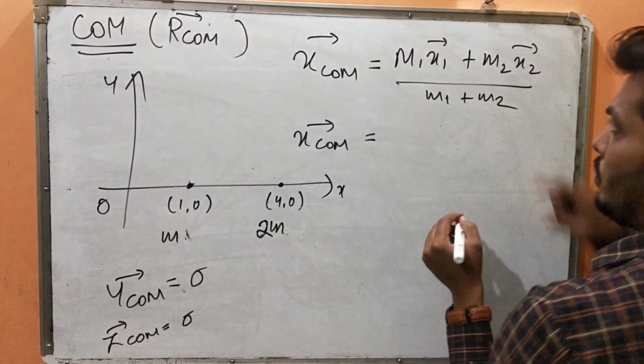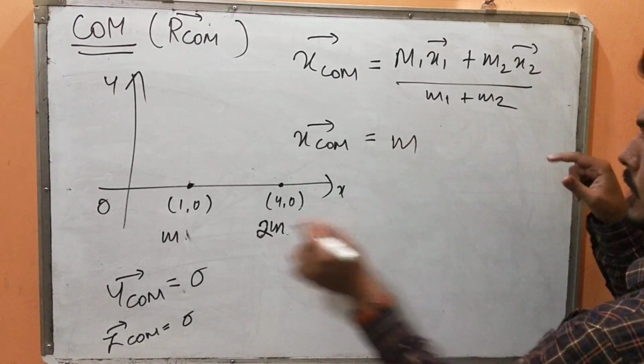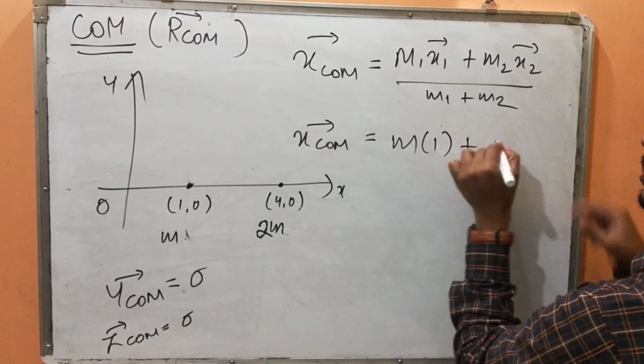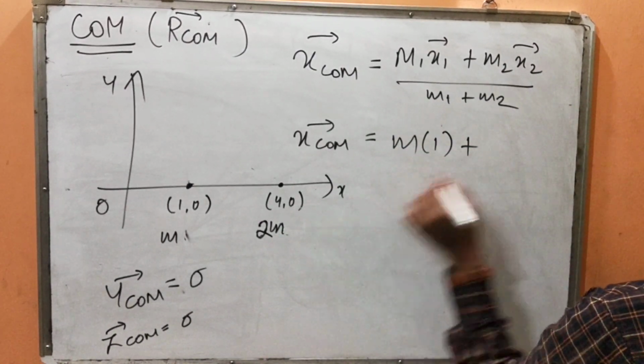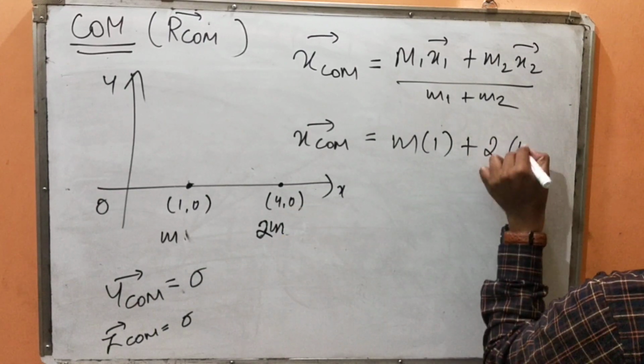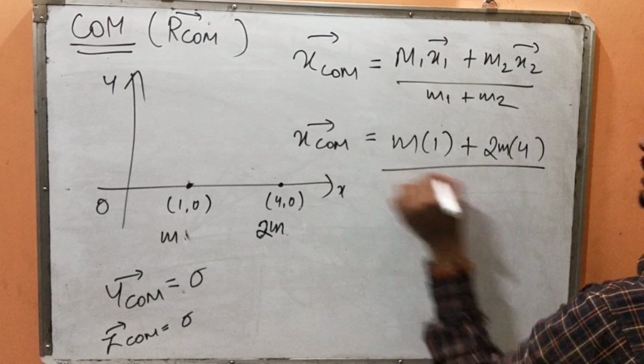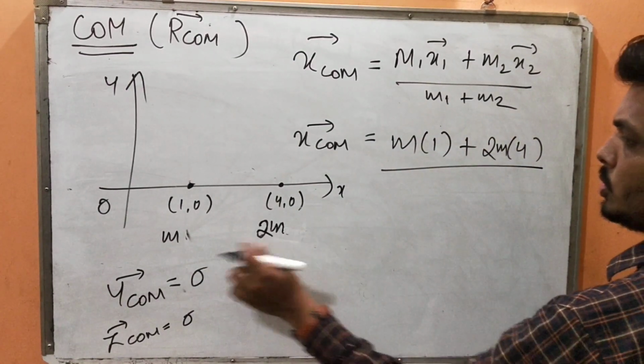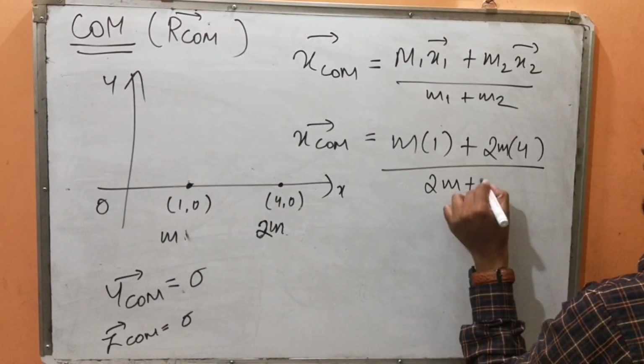So let us see. What is m1? m. What is x1? 1. What is m2? 2m. What is x2? 4. And m1 plus m2 is 2m plus m.